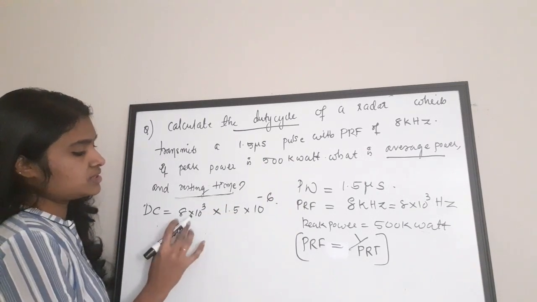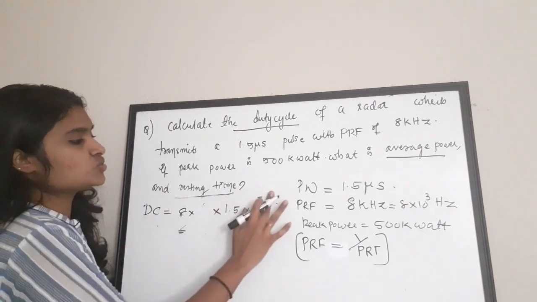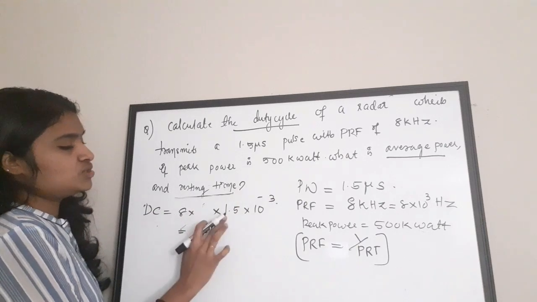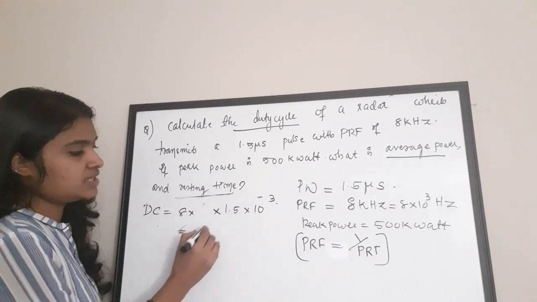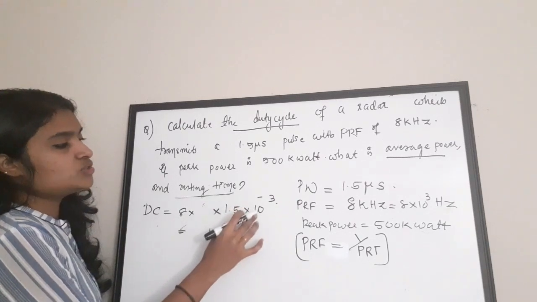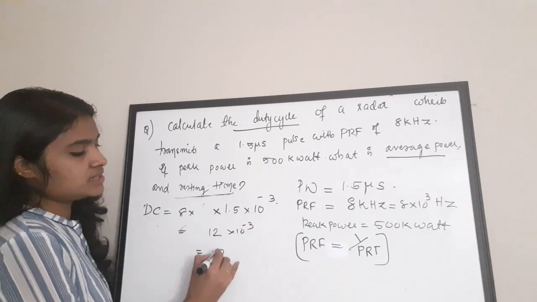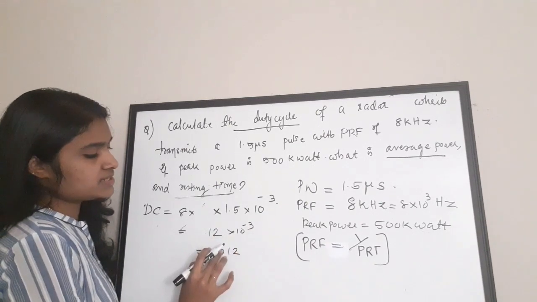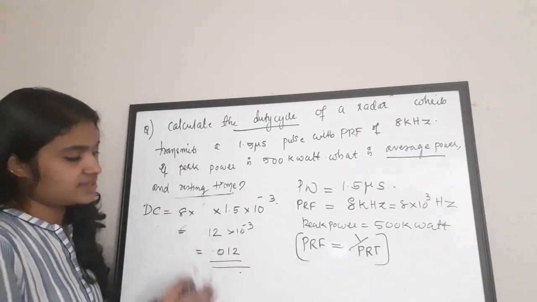If you solve it, 10 raised to 3 and 10 raised to minus 6 will be 10 raised to minus 3 here. 8 into 1.5, that is 8 into 15, is 120. So it is a 12 into 10 raised to minus 3, which is equal to 0.012. This is the duty cycle.